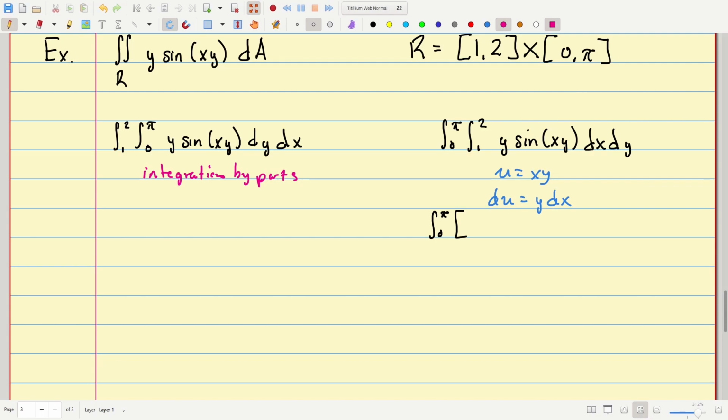So when x is equal to 1, u is going to be equal to y. And when x is equal to 2, we have 2y here. I'm plugging in 1 and 2, replacing x.